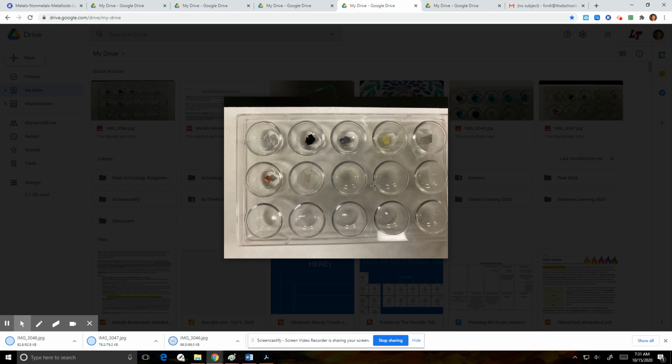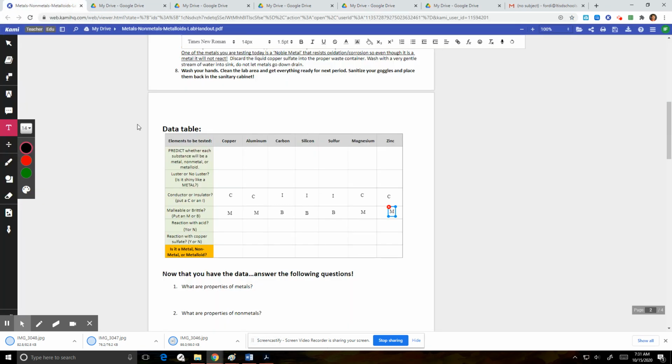One of these is what we call a noble metal, and it is very highly resistant to corrosion. It would theoretically give us a positive test, but because of this particular metal having a high resistance to corrosion, it gave us a no. So we're going to go ahead and fill in our results there. We would say that copper actually did not react. We would expect it to, but it did not.